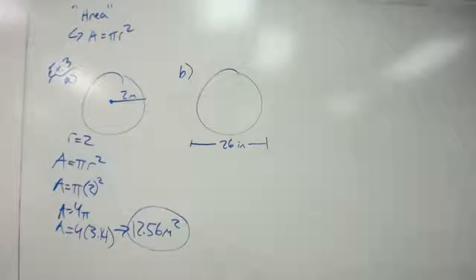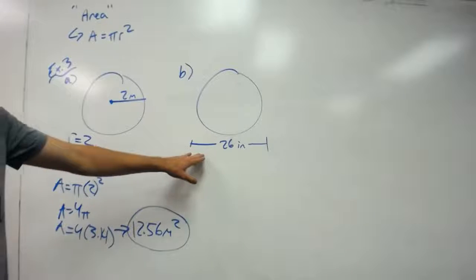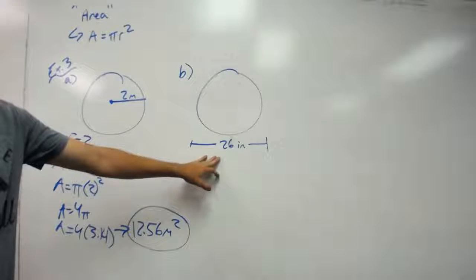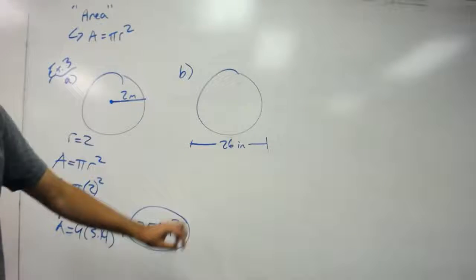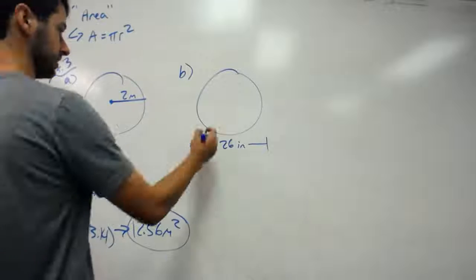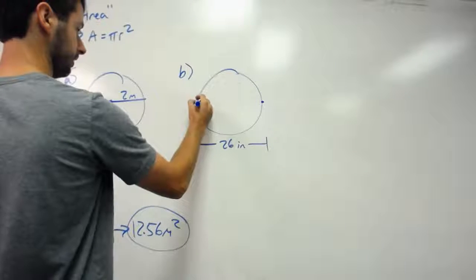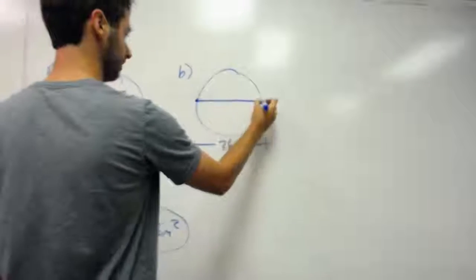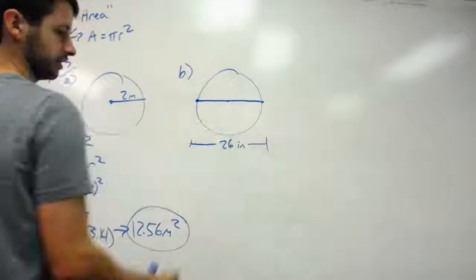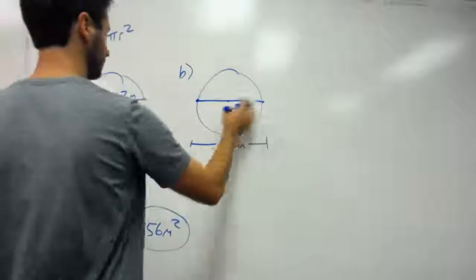One more example, just because I could see this being confusing. It gives us 26 inches, but this is outside the circle. This is a diameter, because it's going from one endpoint of the circle to another, and we could just move it here and show that it cuts through the center, because it goes to 2 opposite endpoints.